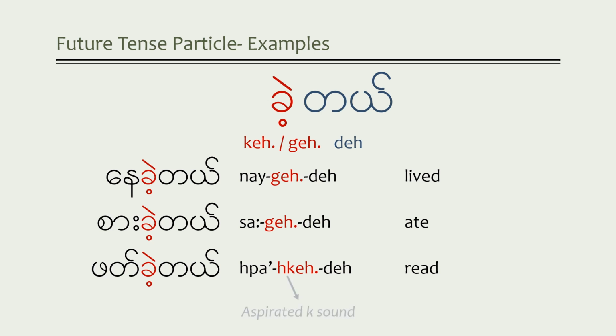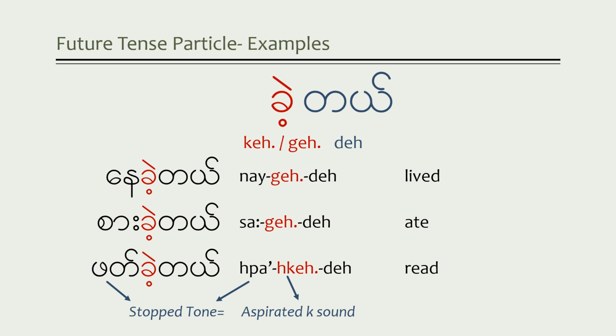Now, did you notice I used the harder, aspirated K sound? It's just a slight difference. Why is that? Well, as I've covered in other lessons, the tone of the syllable that comes before an aspirated consonant determines whether it will be pronounced with aspiration or not. So, in these first 2 examples, the tone preceding the aspirated consonant was either the low or high tone.